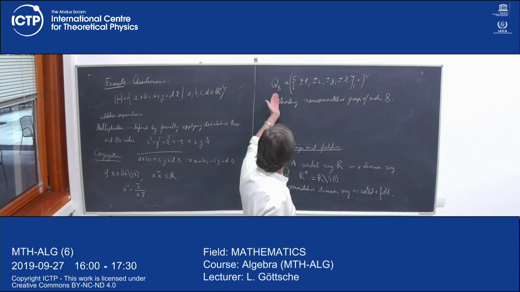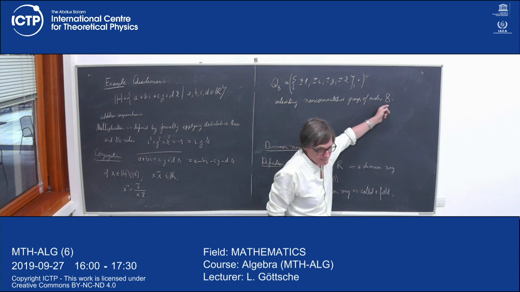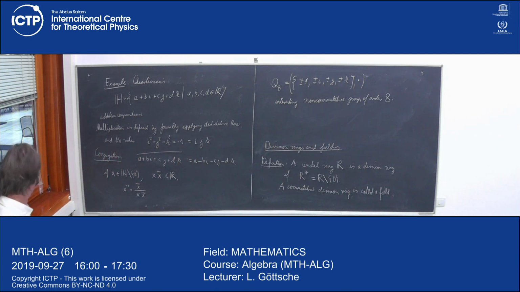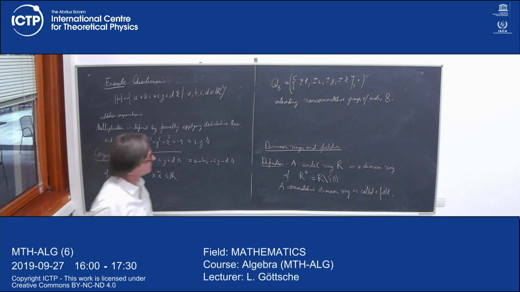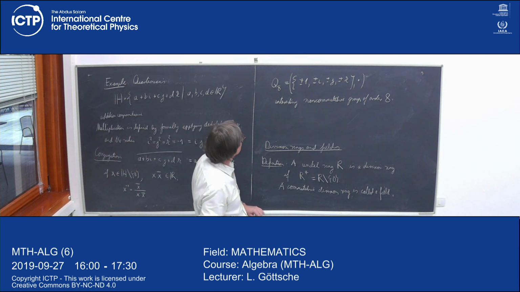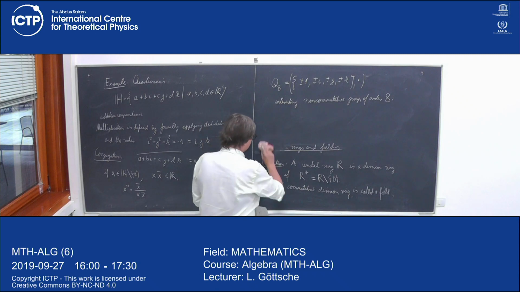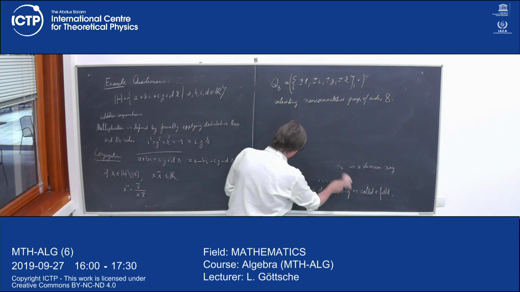But now we see if we have the third power of a prime, it can be non-abelian. And if one, for instance, wanted to use the Sylow theorems to classify all groups of order 8, one would somehow have to find this group, and this would be one of the reasons why it's slightly complicated.